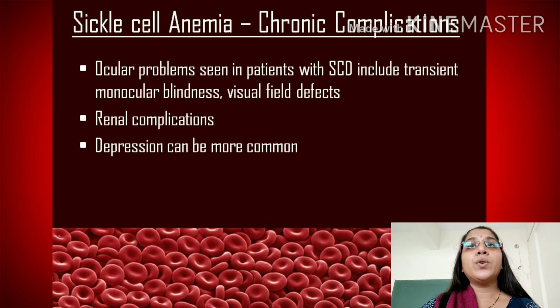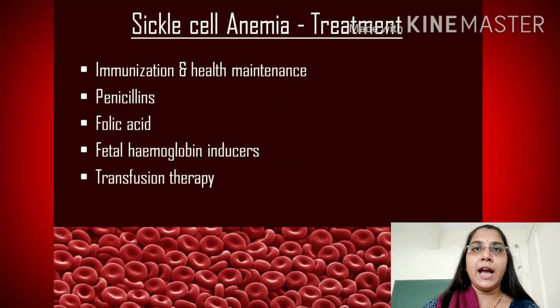Next is ocular problems seen in patients with sickle cell disease, which include monocular blindness or some visual field defects. Renal complications can also occur as chronic complications. And depression is more common in patients with sickle cell anemia.